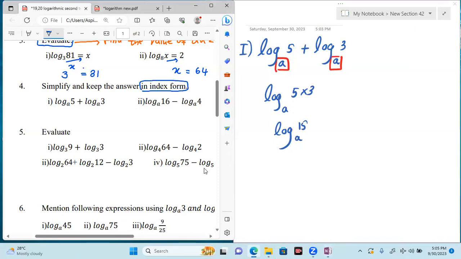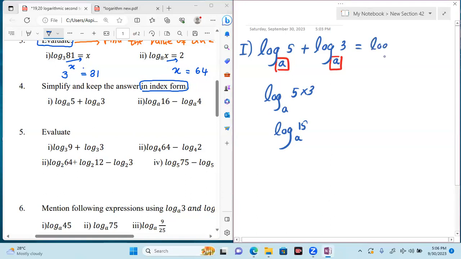Actually, to keep this in index form, this is equal to logarithm of 15 to the base a.